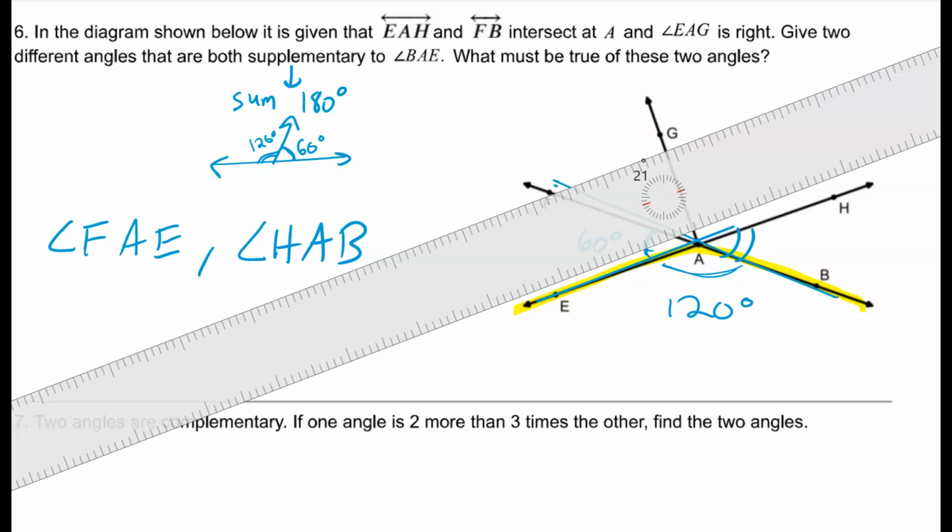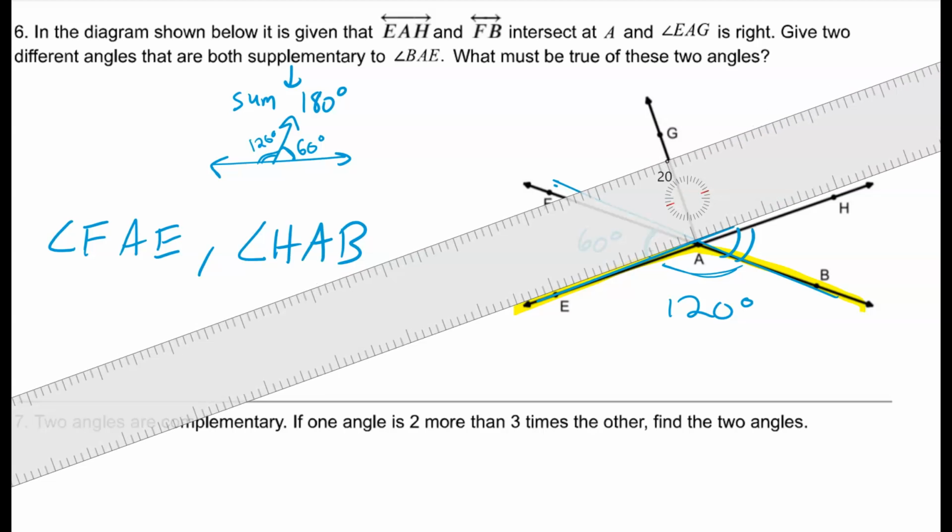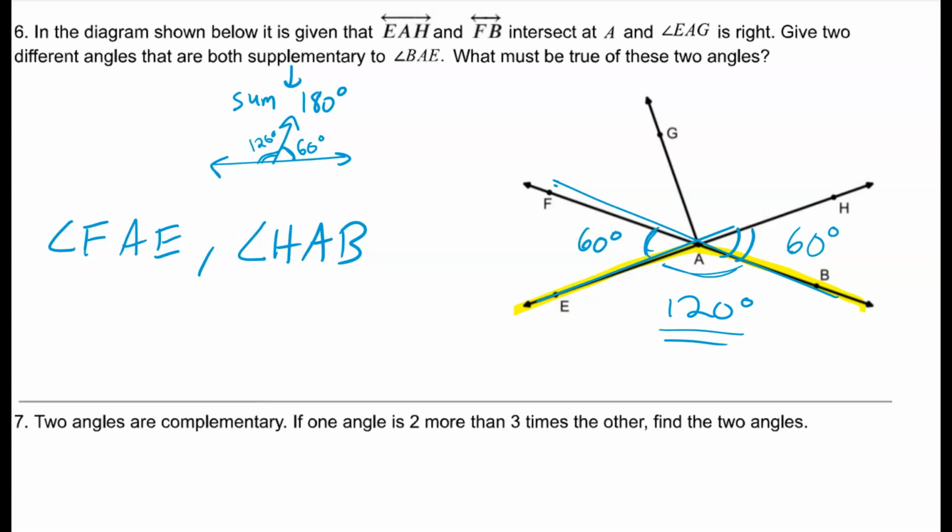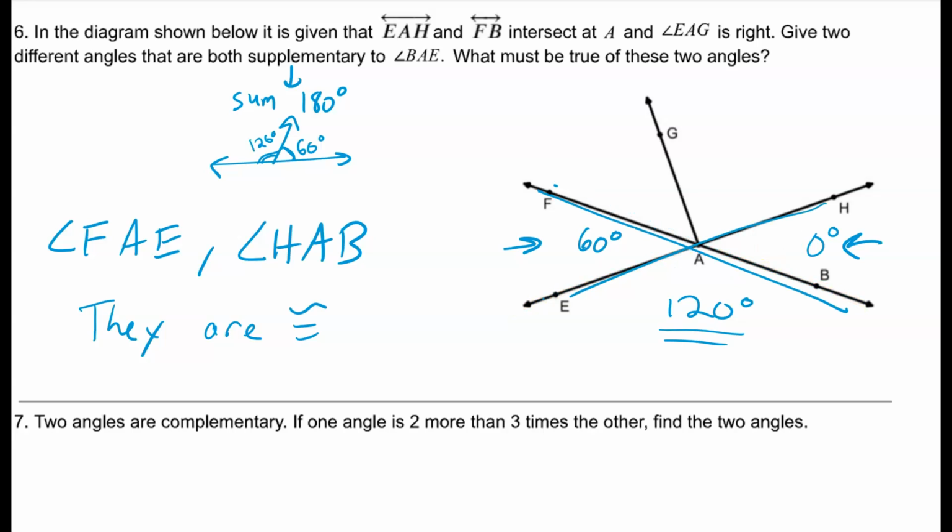I can make a similar argument looking at line EH: if BAE is 120 degrees, HAB should also be 60 degrees, so they sum to 180. Notice that both of these are 60 degree angles, so we can conclude that they are congruent. And the reason, remember we had a special name for these, is that they are called vertical angles. When we have two lines that intersect, the angles opposite from one another are always congruent, specifically for this reason.